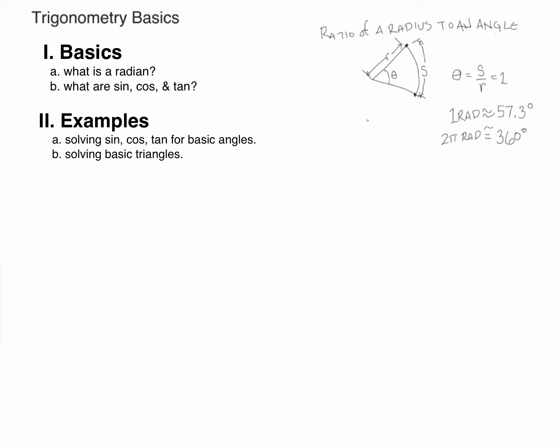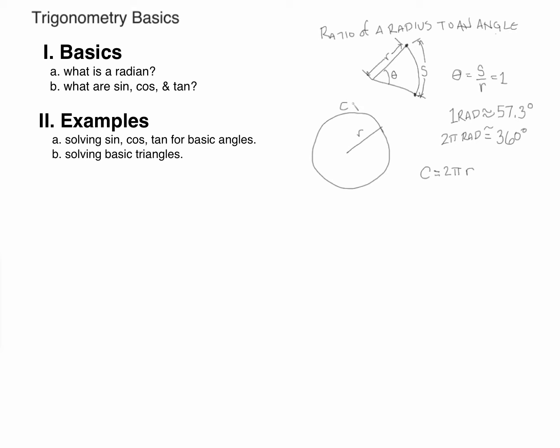If we measure an entire circle, the relationship between radius and circumference is that circumference equals 2 pi r.